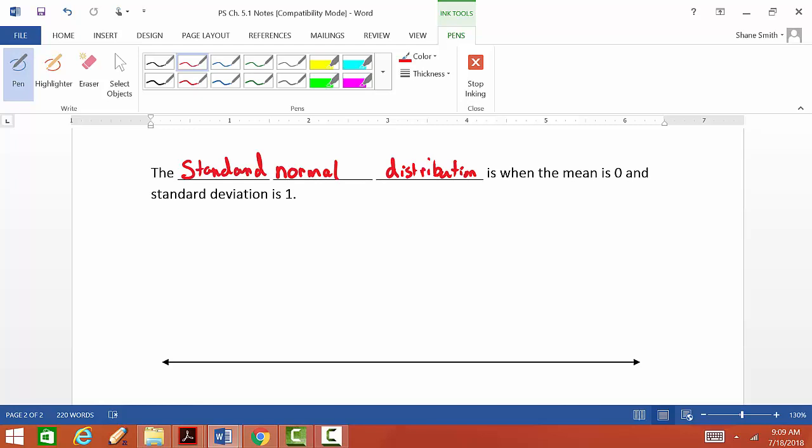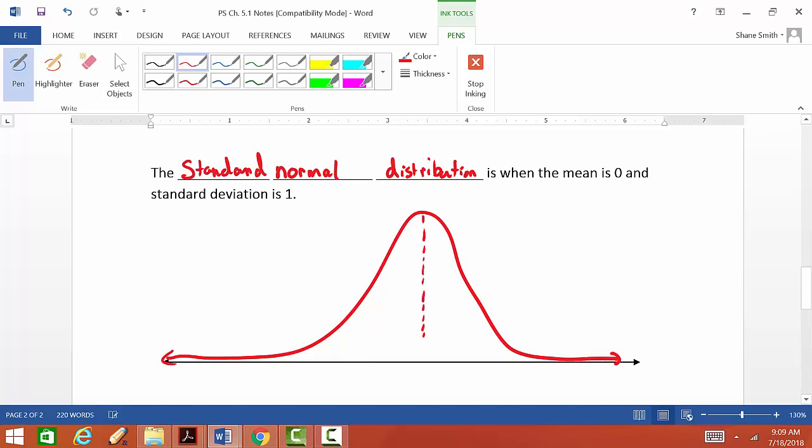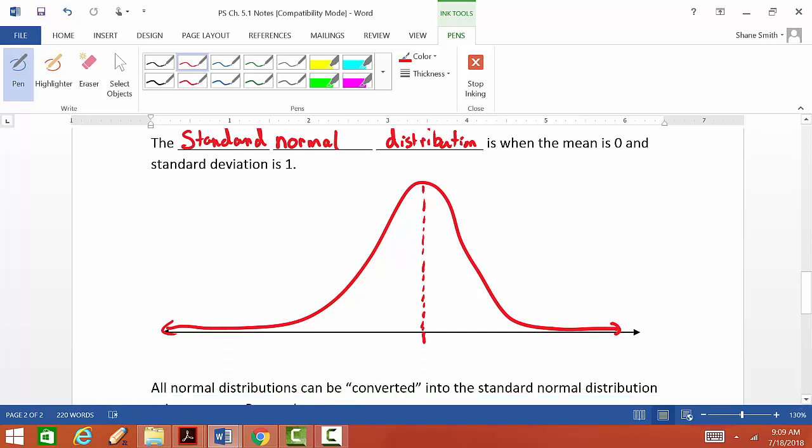We have what's called the standard normal distribution. The standard normal distribution is a specific normal distribution where the mean is in the middle, but we give it a number, an easy value as a reference point, so we give it the value 0.